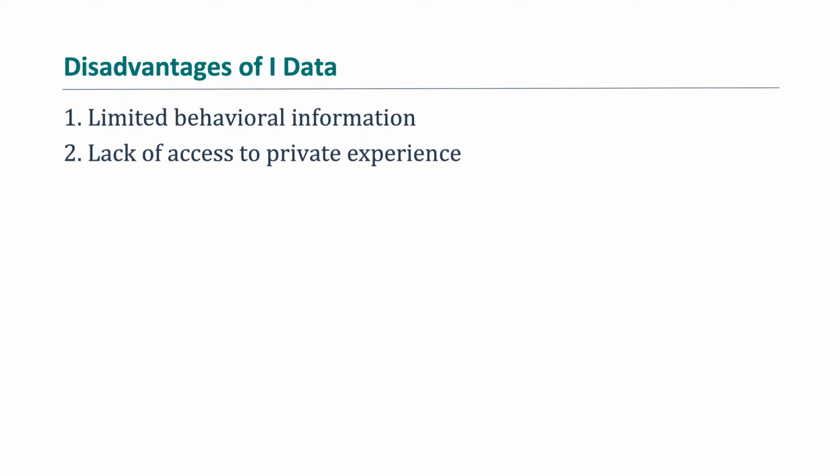There's lack of access to private experiences in this case, right? When you're by yourself, nobody has knowledge about what your personality is like when you're alone. And you still have a personality even when you're alone, but you can't gather that from informant data or I data.